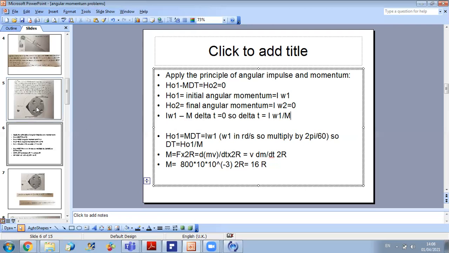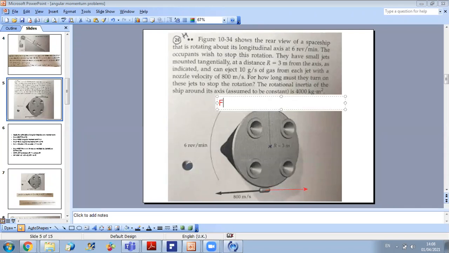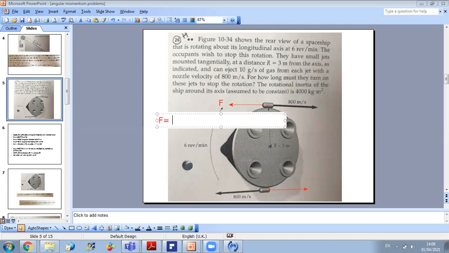For the moment, we have here this ship subjected to the action of ejection of gases. It is subjected to a couple of forces by action and reaction in this direction. How to determine the force here? We know that in general a force is determined by the derivative of linear momentum with respect to time, the derivative of mv.